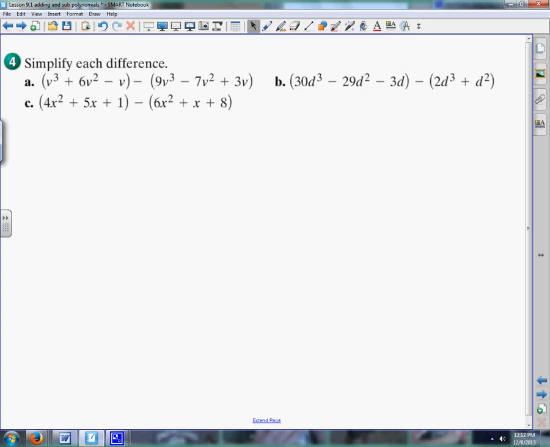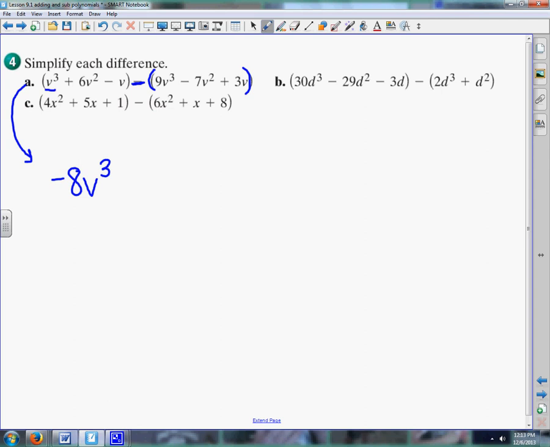Now here's subtraction. The thing you have to remember with subtraction is if I am going to minus a whole set that's in parentheses, I have to minus everything. So if I did A, I'm going to move it right down here, I would do v to the 3rd minus 9v to the 3rd. So that's negative 8v to the 3rd.